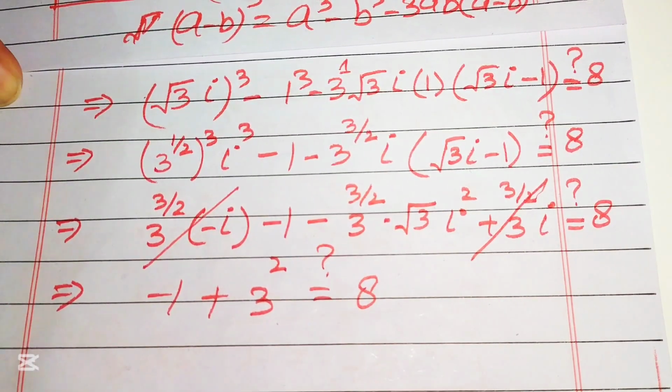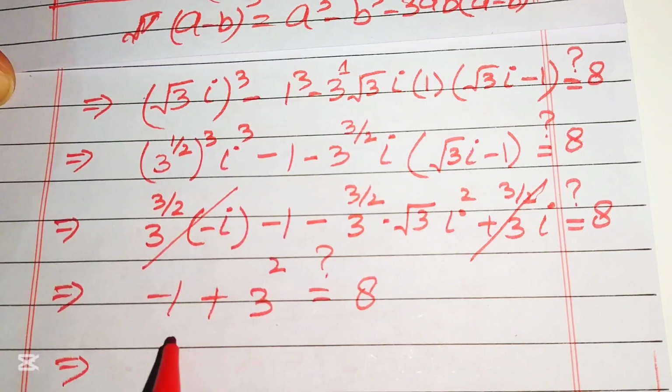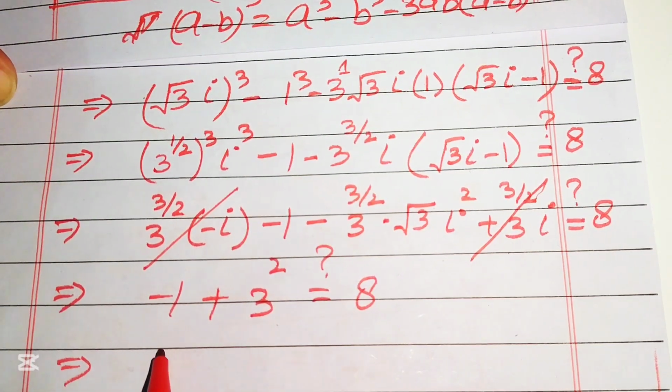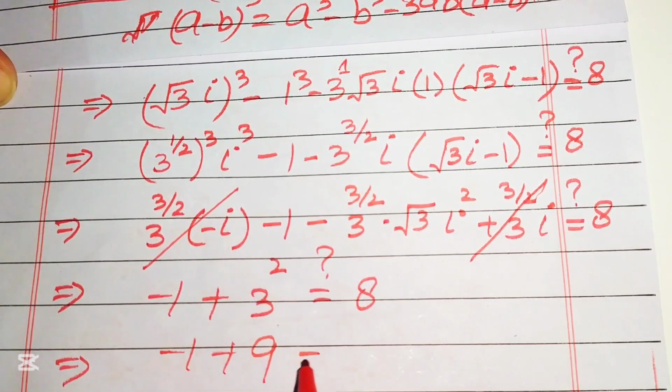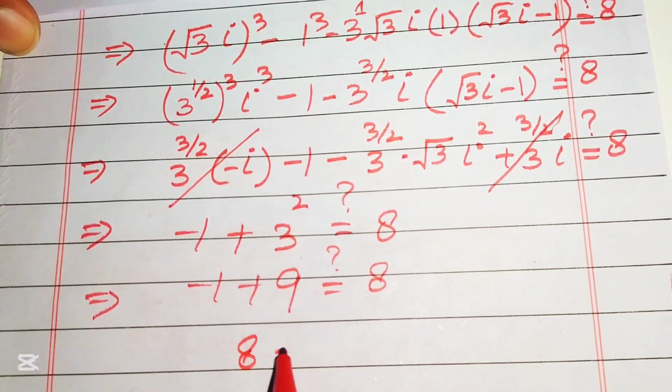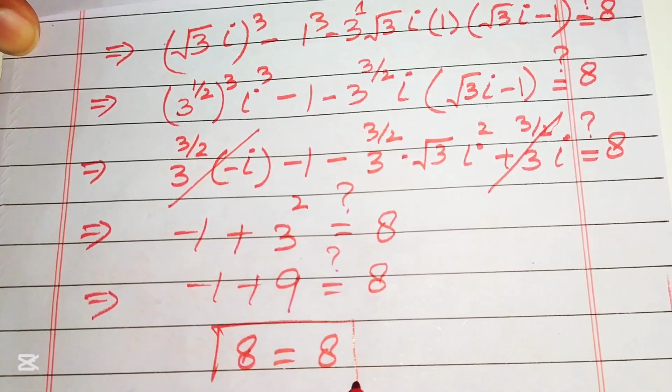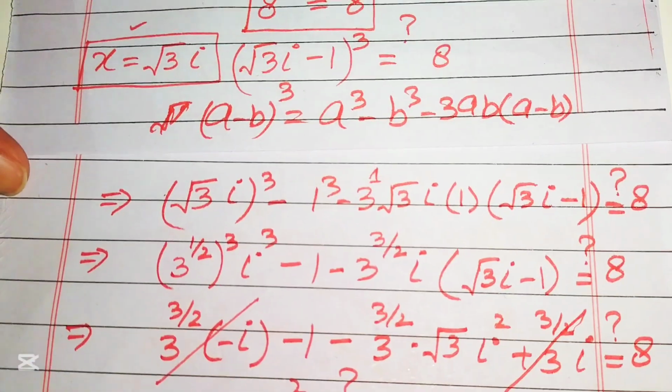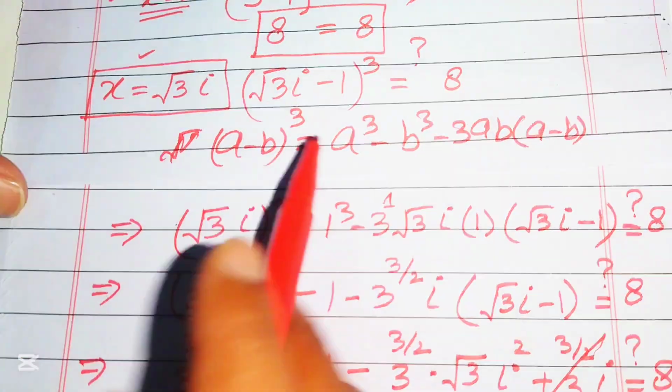We check: is this equal to 8 or not? So now you see here 3² = 9, and −1 + 9 = 8, so 8 equals 8. This shows that the second positive complex value of x also satisfies the given question statement.